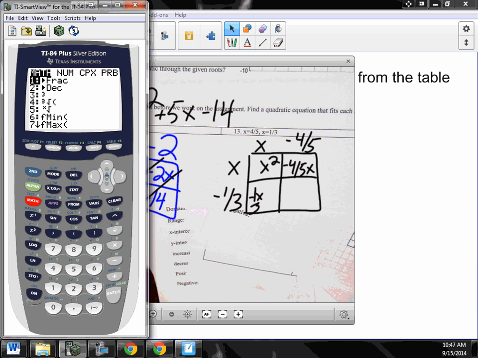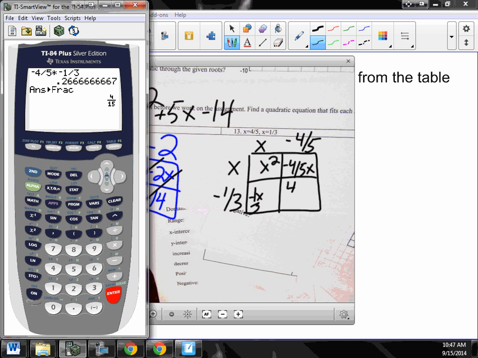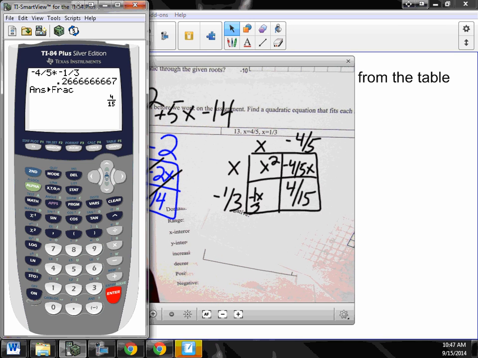The first one says triangle fraction, which means turn your answer to a fraction. 4/15. So this is 4/15. Anybody not up to this point? All right, now we need to create the equation.